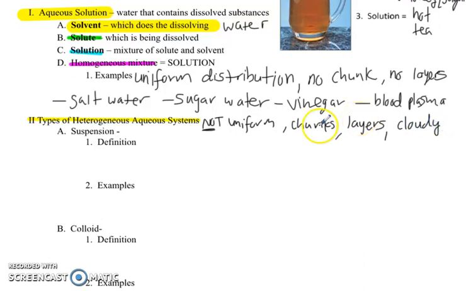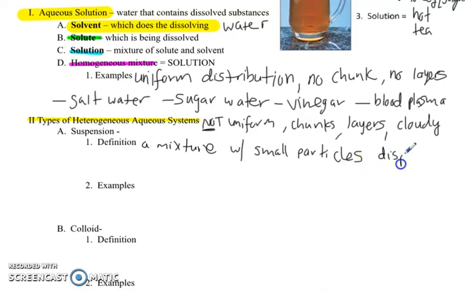So looking at a suspension, the definition of a suspension is a mixture with small particles dispersed throughout a gas or liquid.